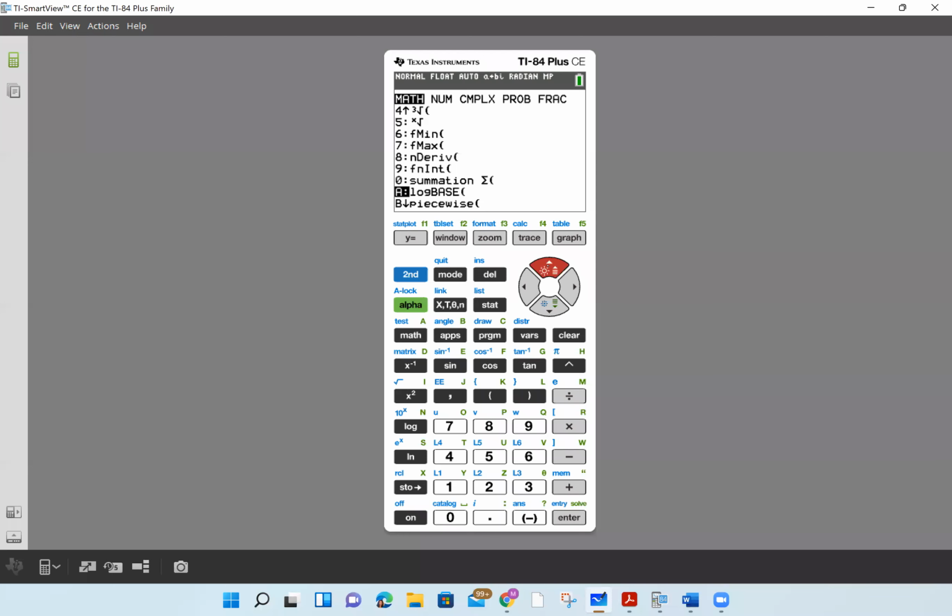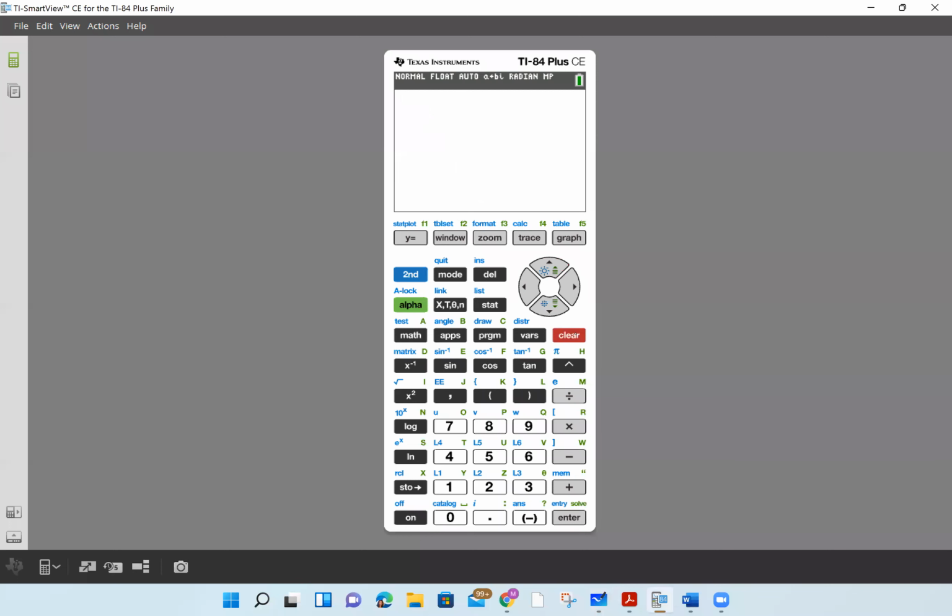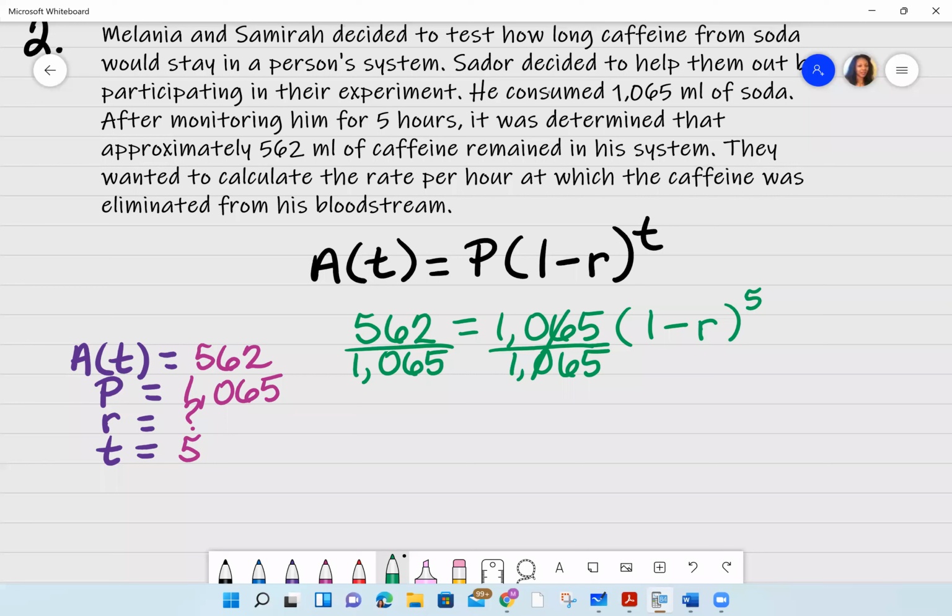Now I'm going to go to my calculator and just do the math. To get out of the screen, I go to second mode. I can clear that out so I'm not confused. And I have 562 divided by 1065. That leaves me with 0.527, and I'm going to round that to 0.5277 on this side.